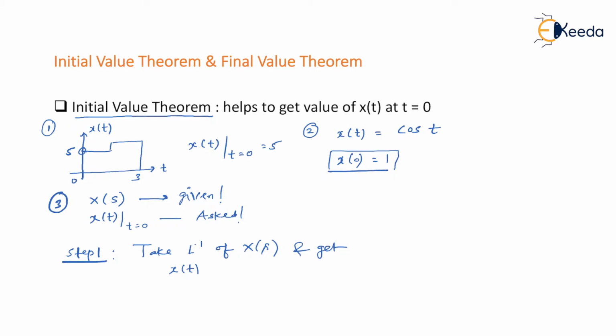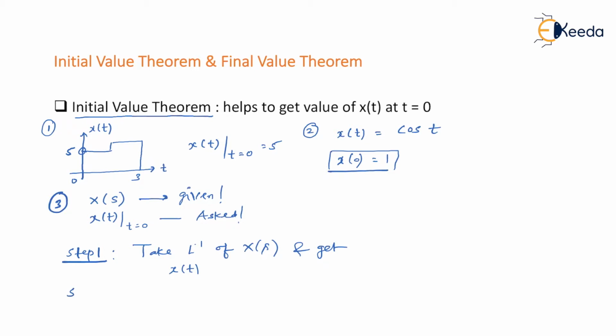You have to follow some procedure to get it into standard form, like applying partial fractions and then finding the constants. So it takes some time and somehow you manage to get x(t). I'm not saying it is not possible, it is possible, but it is time consuming. Somehow, by modifying the given X(s) into standard form and taking the inverse Laplace, you will get x(t) for sure. This is step number 1.